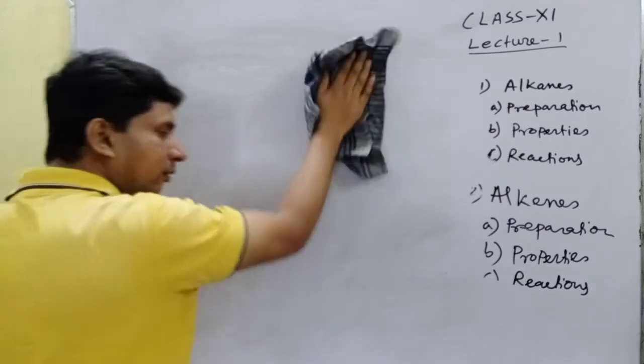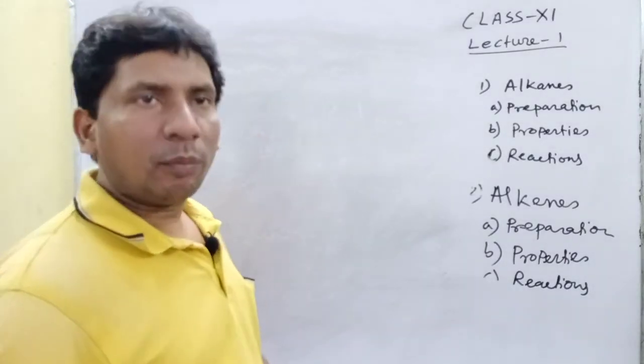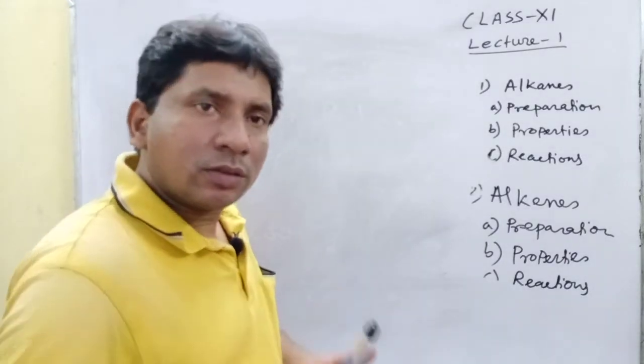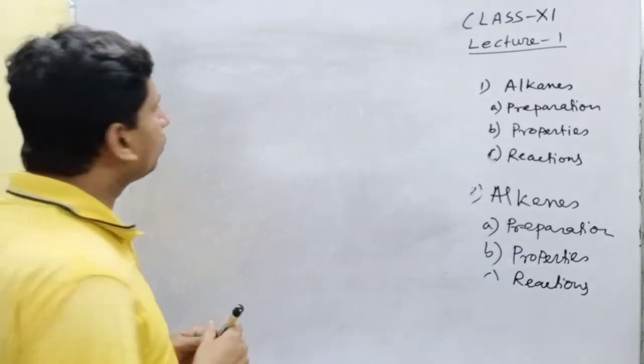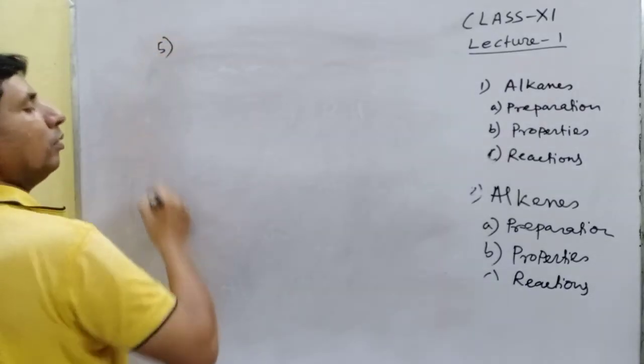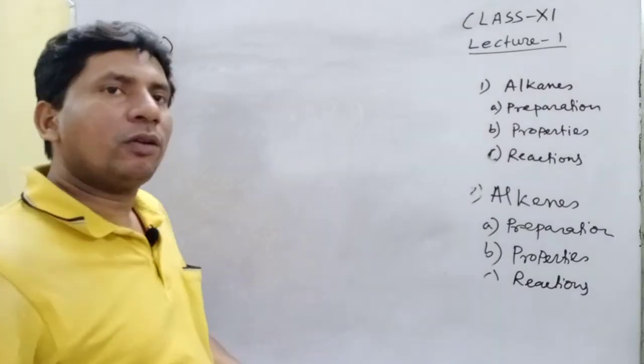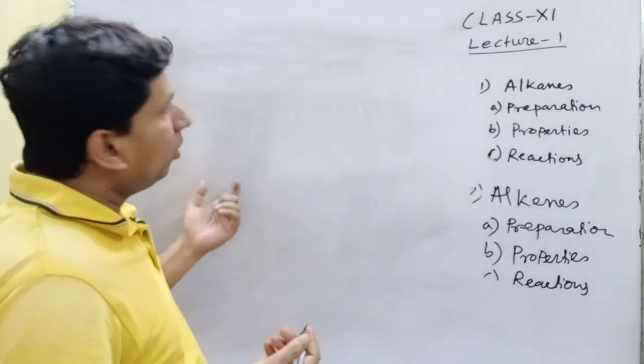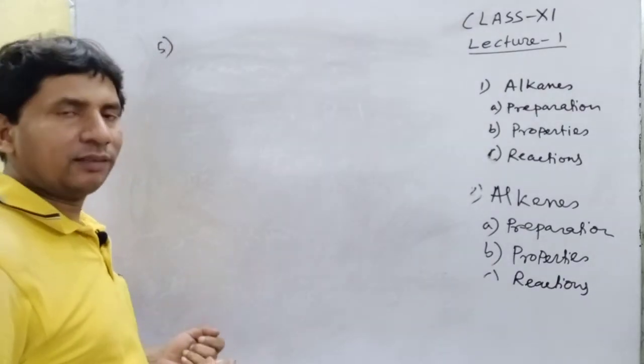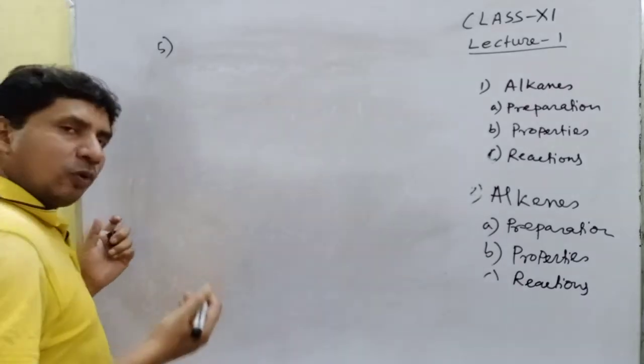So number 5 is the Kolbe reaction. By the Kolbe reaction we can also get hydrocarbon, that means alkane. And what is the Kolbe reaction?